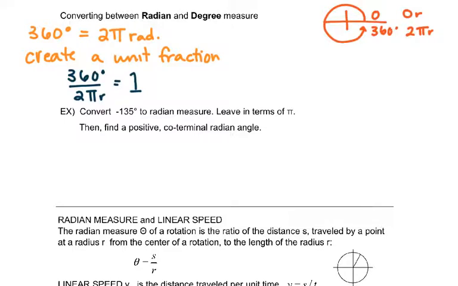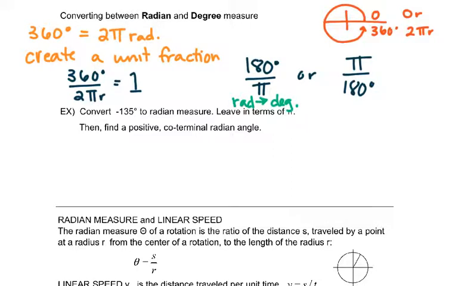So the two unit fractions that we will use, since I can reduce this, will be 180 degrees over pi, or pi over 180 degrees. And when we need to convert, we're going to multiply by one of these or the other. Now, if we are going from radians to degrees, we want the radians on the bottom and the degrees on the top to cancel. And if we're going from degrees to radians, we would use pi over 180.